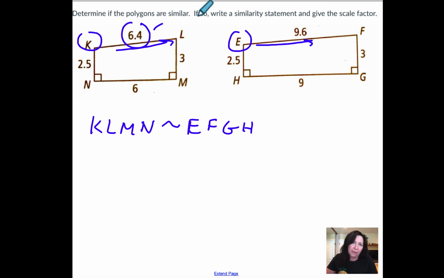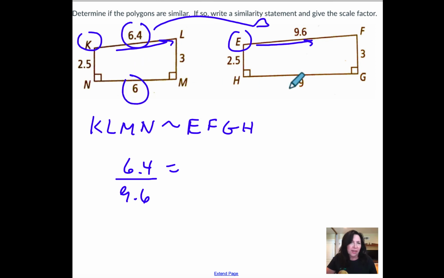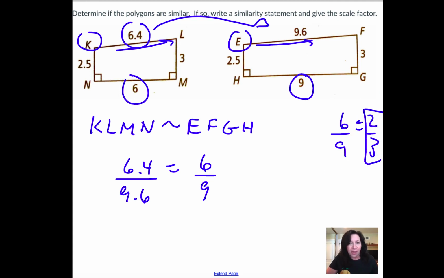So 6.4 to 9.6. So 6.4 over 9.6 should equal 6/9. So I'm going to cross multiply, because it does look like if this is true, my scale factor would be 6/9. But be careful. I'm going to divide by 3. I'm going to get 2/3 again as my scale factor. But you have to be careful because it has to be the scale factor all the way around.